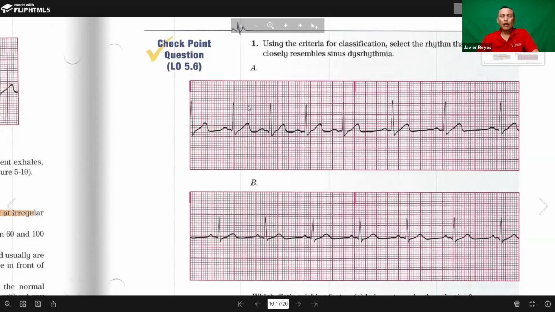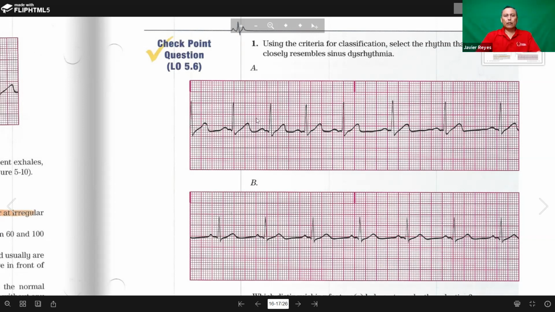Count the big blocks between the R's, and tell me if they're exactly the same or are they different? They're different. A is different, exactly. So this is a sinus dysrhythmia because everything else is normal, except the R's are not occurring regularly.